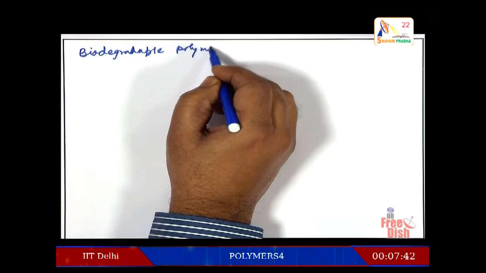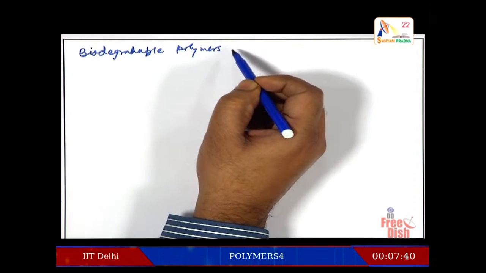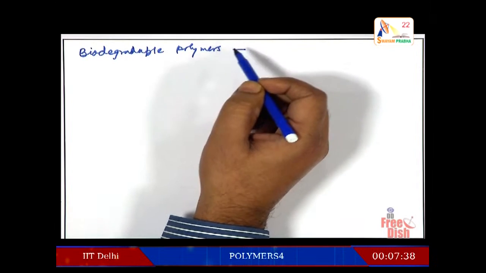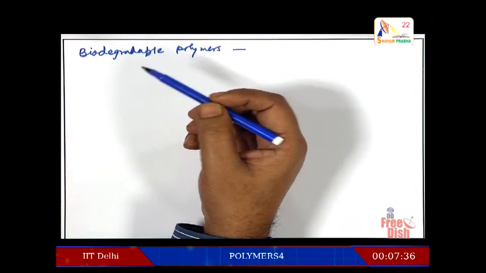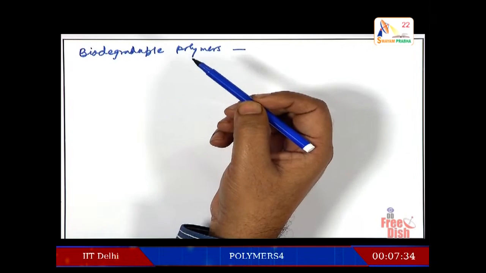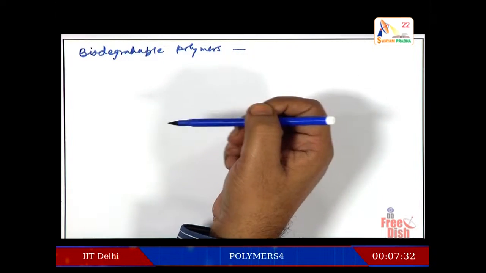When we talked about the different stages of polymer preparation and uses, we talked about the last step, which is very critical because nowadays polymer waste is becoming a problem. Managing polymer waste which is not degradable by environmental conditions is a problem. If we can develop new biodegradable polymers, it will be easy for us to handle this polymer waste.